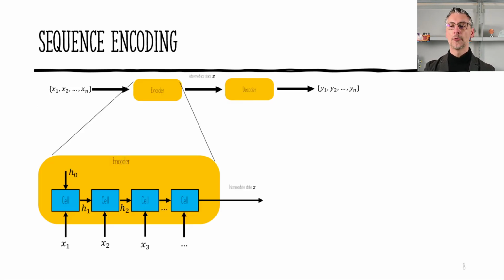So how can we now go back to our abstract sequence-to-sequence network? Before we discuss the top part, we have the input, for example, a German sentence, and that was encoded to an intermediate state. So let's look at the encoder in a bit more detail. Here we have many cells that make up the encoder, and each of these words, for example, goes into one cell, and then now we have these hidden states.